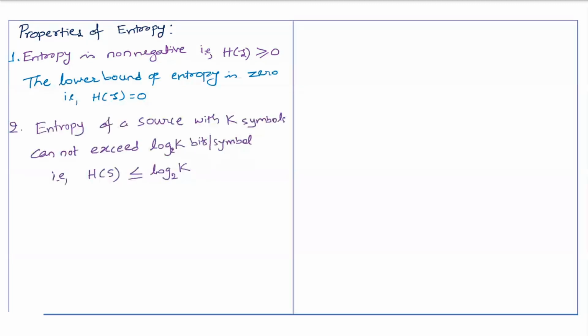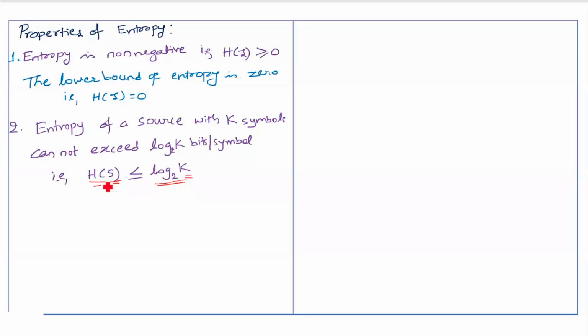The entropy of a source with k symbols cannot exceed log k to the base 2 bits per symbol. So this is the maximum value of entropy, where k is the number of symbols in the source.